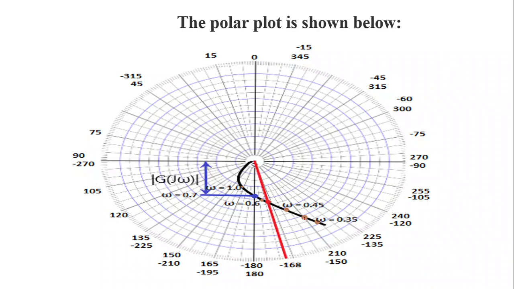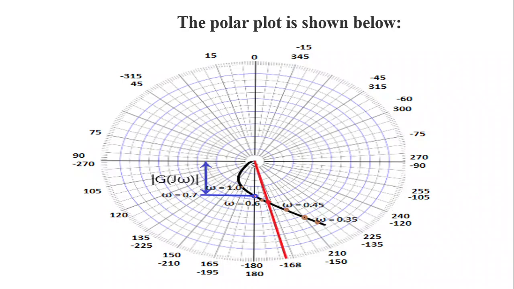Then the second omega value is 0.5, and we plot this point with a phase angle of minus 162 degree. Third, omega is 0.6, with a corresponding phase angle of minus 171 degree.